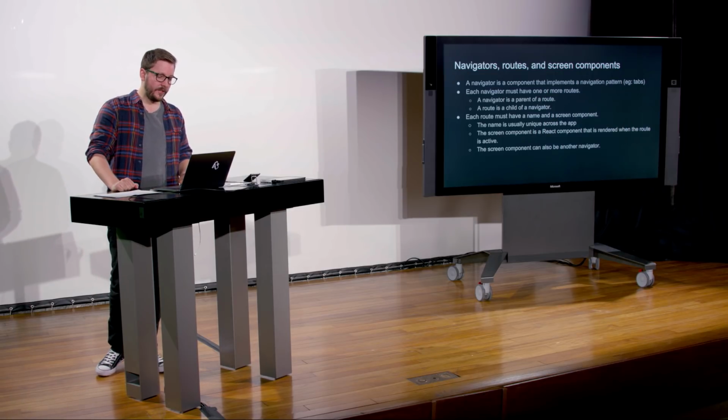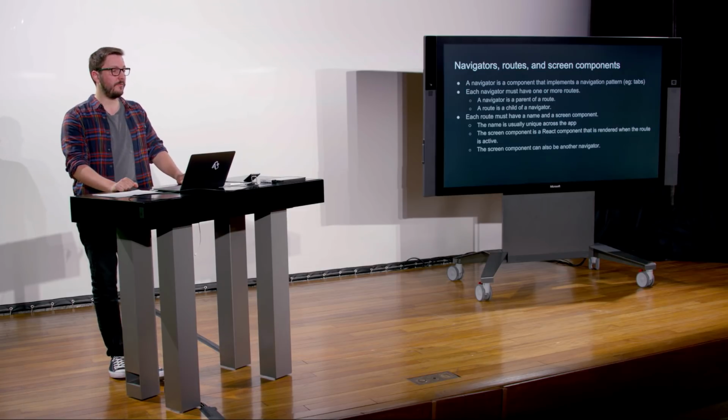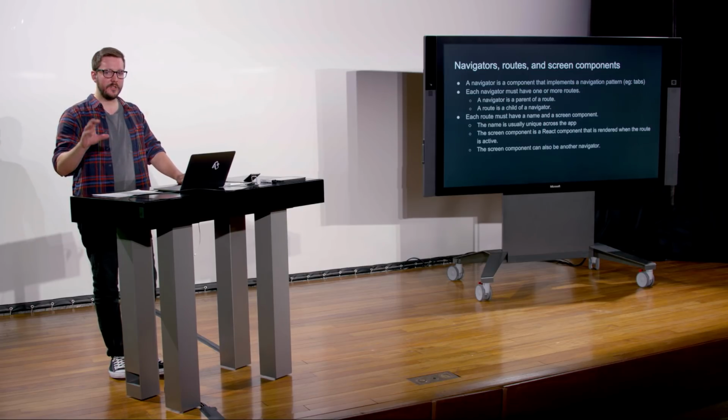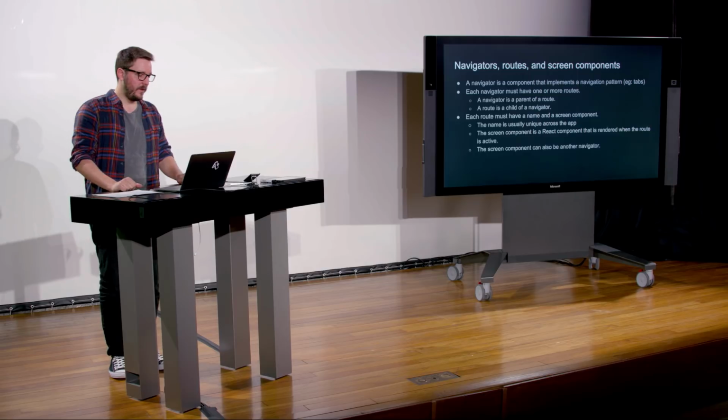The screen component is a React component that is rendered when the route is active. So in the tabs, for example, that we saw, there is a screen associated with the feed tab, and there's a screen associated with the settings tab and search tab and so on. And those in React Navigation are React components.